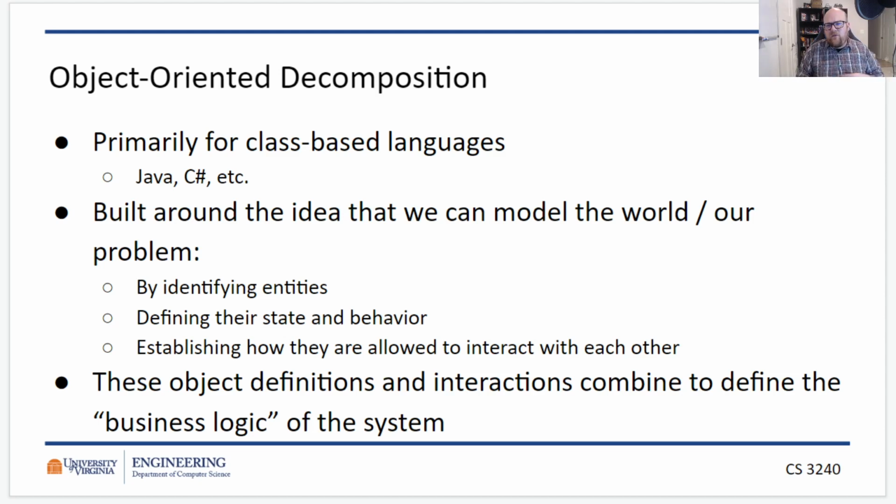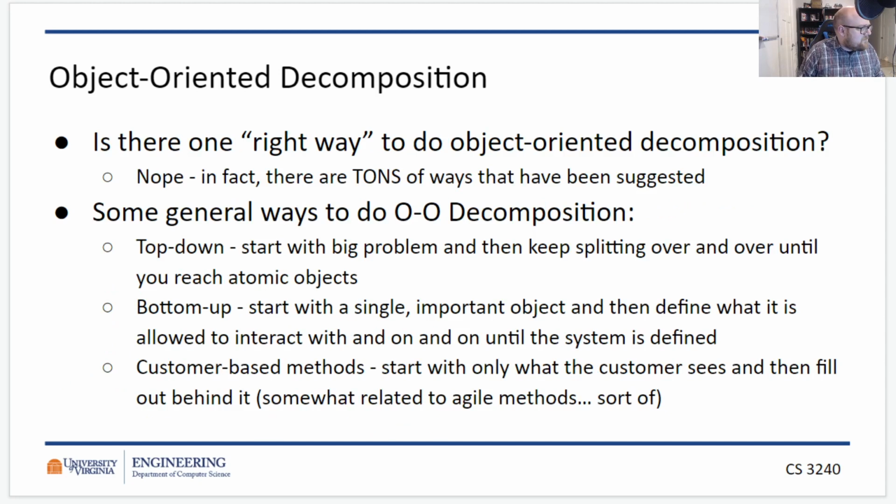So you may have seen that term before, the business logic layer. It was connecting the UI to the data layer in a three-tier architecture. The idea is the business logic layer really regulates and controls that interaction. And so this decomposition really helps lend itself to that type of system.